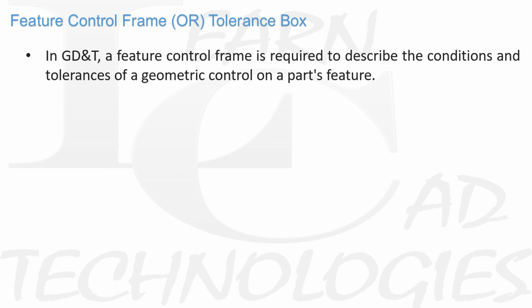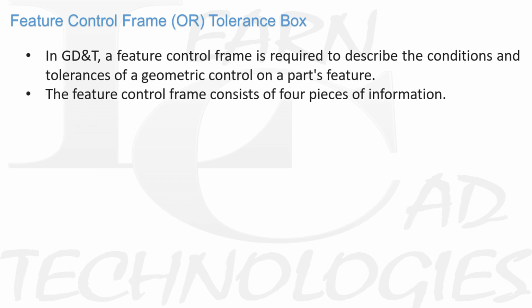For example, for a 2D design, you need more than dimensions. For that purpose, we use the feature control frame to specify what kind of operation is to be done, not a manufacturing operation, but for the shape or size of the particular feature or part.